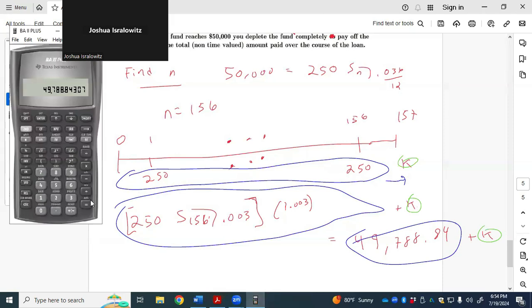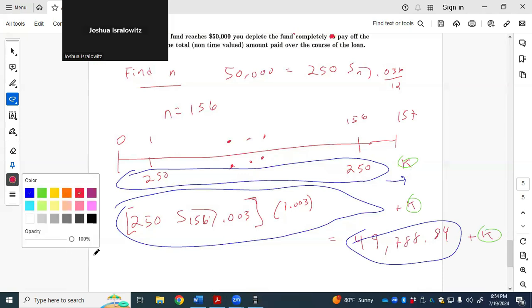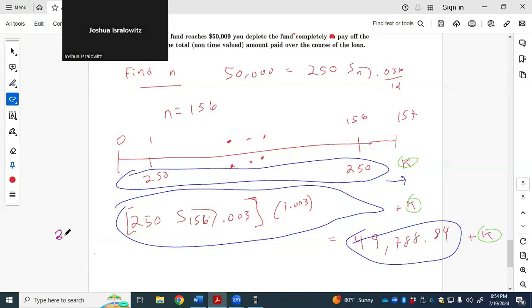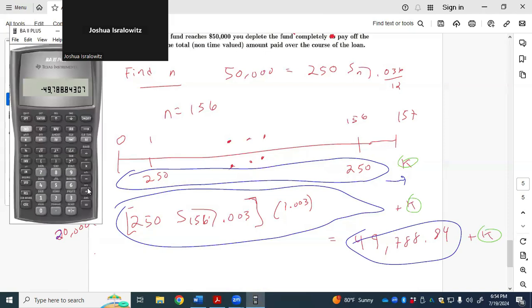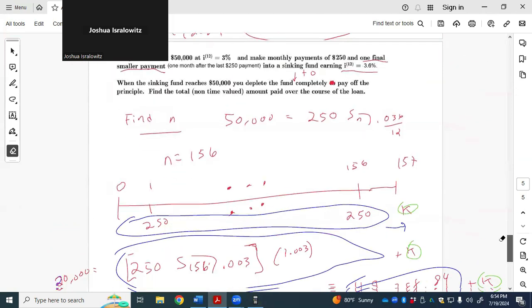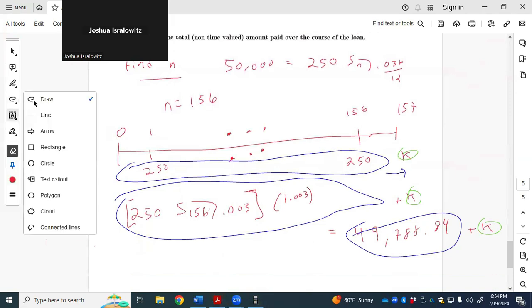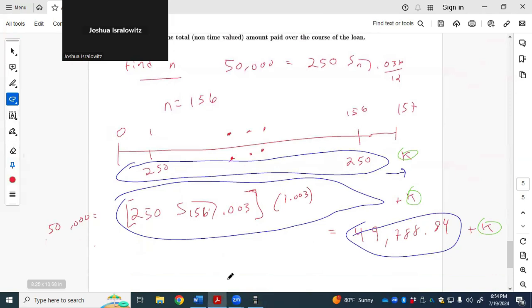So just simply, this has to be equal to 50,000. Sorry, I have no idea why I said 20,000. Maybe I had 20,000 last year. But it's 50,000. It would make no sense otherwise.